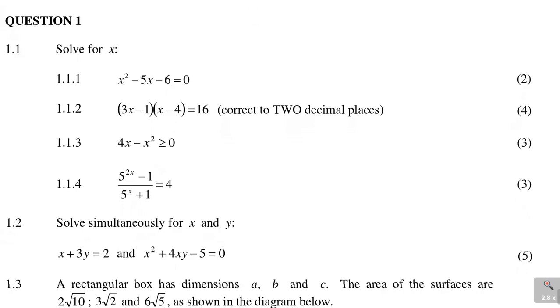Let's look at this question. These first ones are not much complicated, so I'm not going to spend much time here. Question 1.1, solve for x. The easier way is to do your brackets, as most students do.